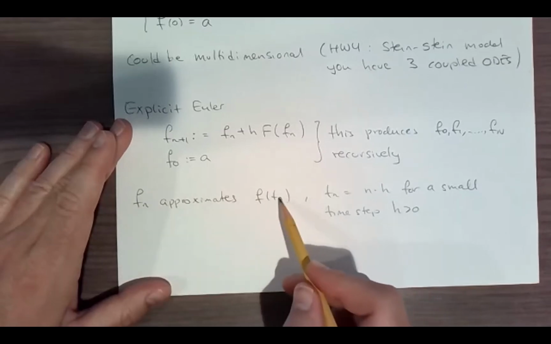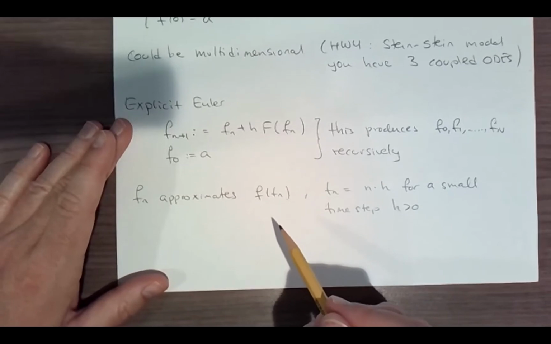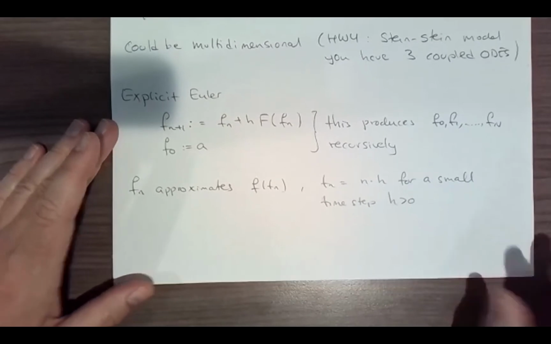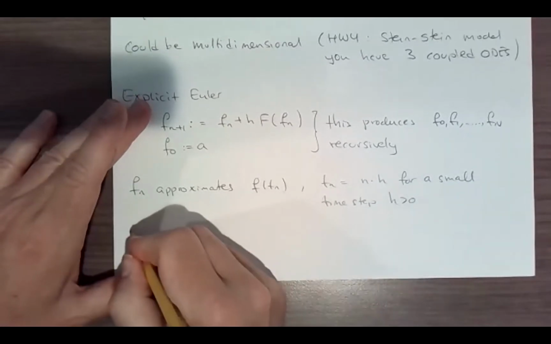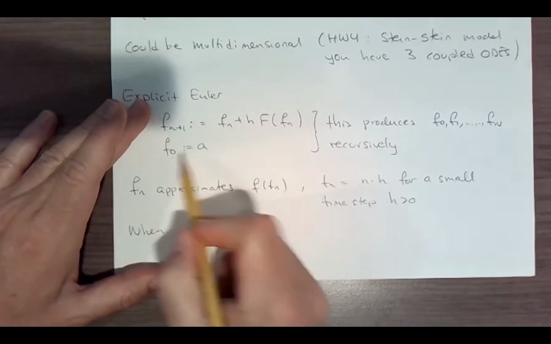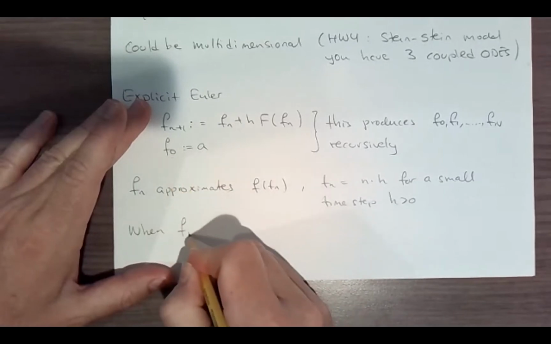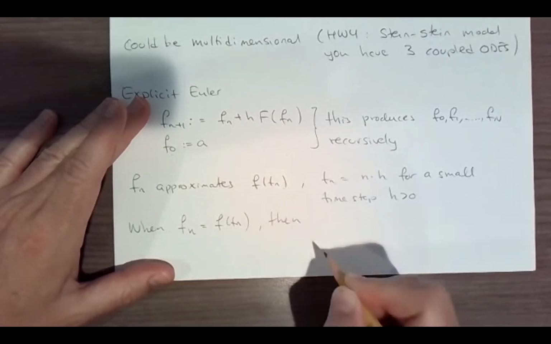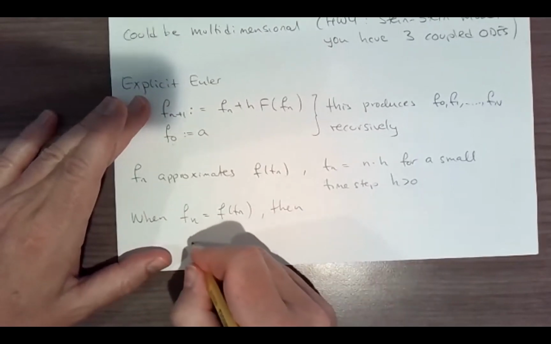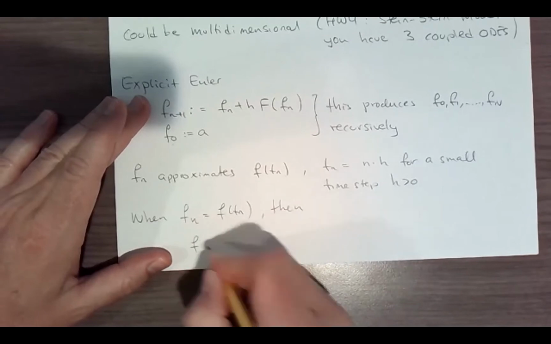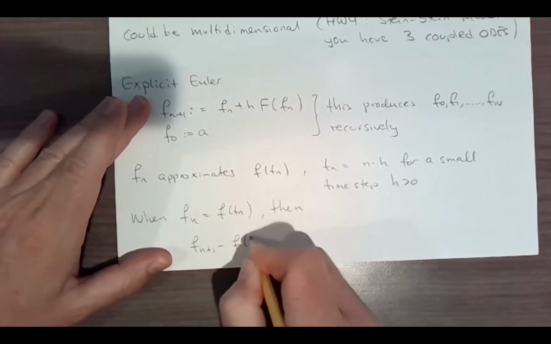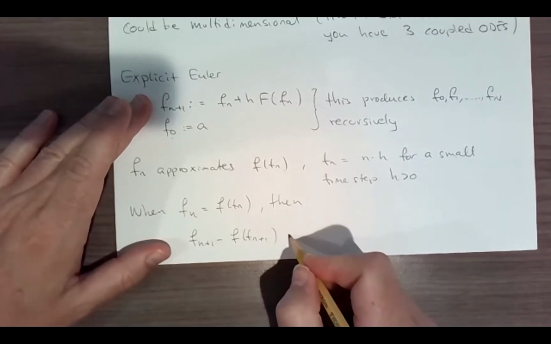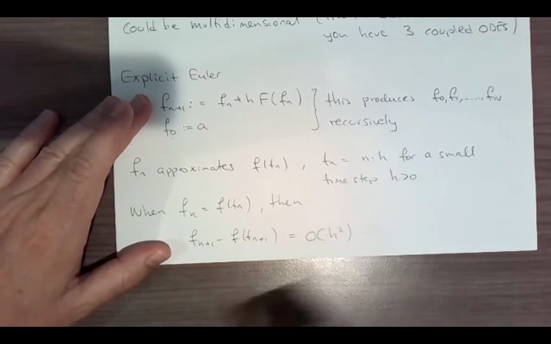This one over here is a function evaluated at Tn. Like we saw last time, when the initial points are the same, so when Fn equals f of Tn, then the difference of Fn plus 1 minus f at the actual correct value is O of h squared.